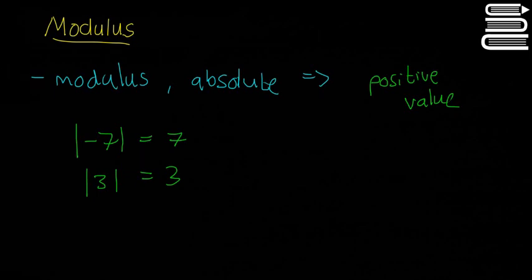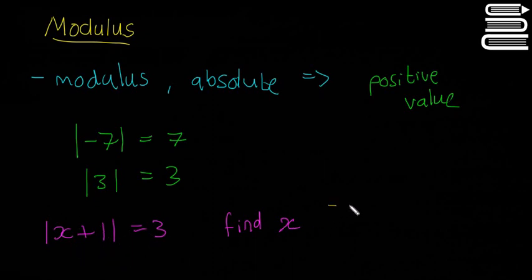Now we're going to have a look at some of the questions you're going to get asked on that. It could be the modulus of x plus 1 is equal to 3, and they want you to find x. You can't just continue as normal. You have to get rid of the modulus signs. You can't do normal algebra with the modulus sign.